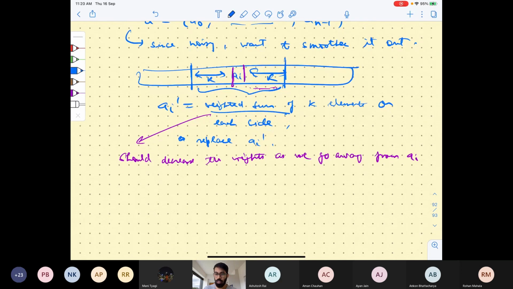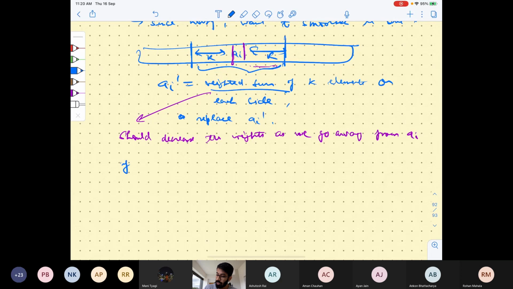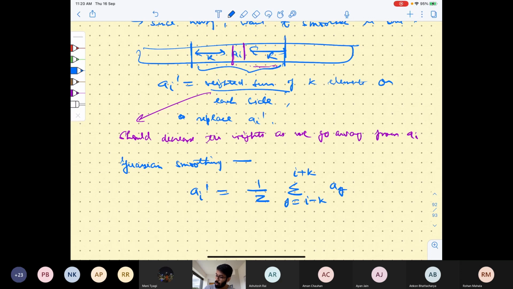So one way of doing that is called Gaussian smoothing, though there can be different ways. And what does Gaussian smoothing do? It puts ai prime equal to 1 over Z, summation j equal to i minus k to i plus k of aj times the weight, and the weight is going to be e to the minus (j minus i) whole squared.